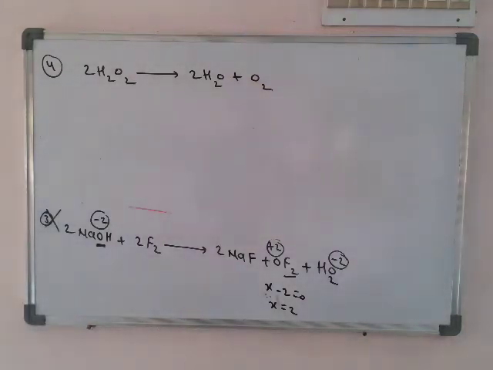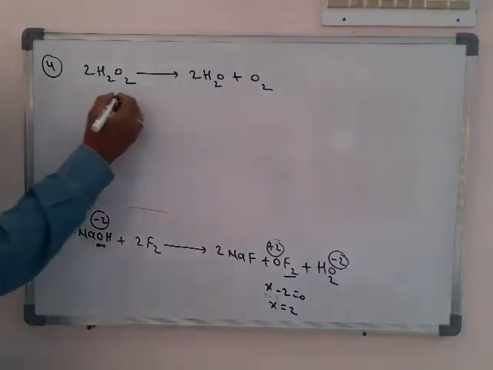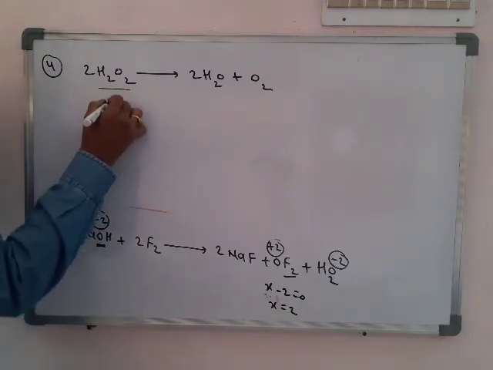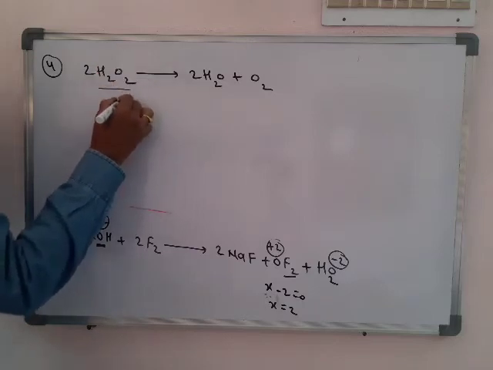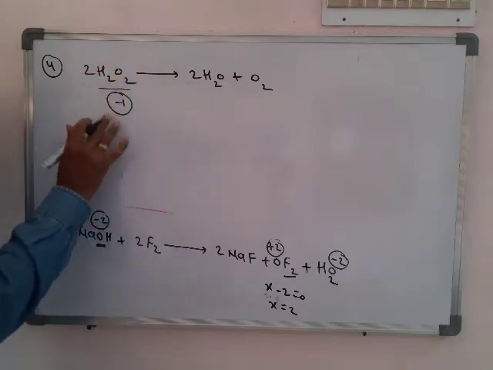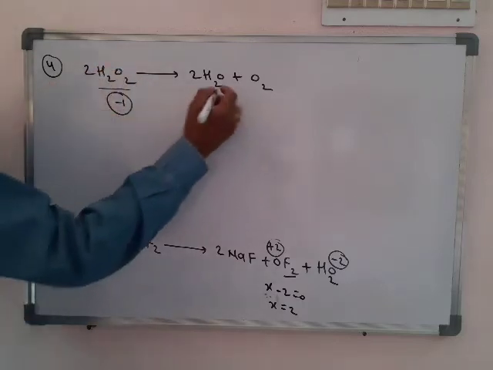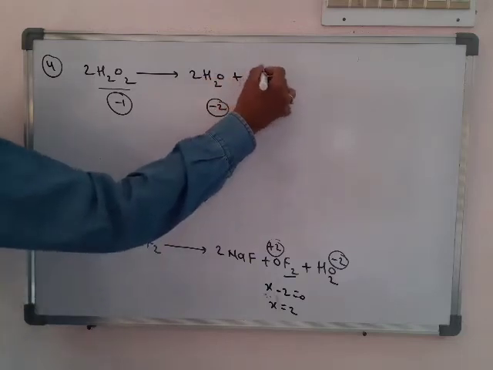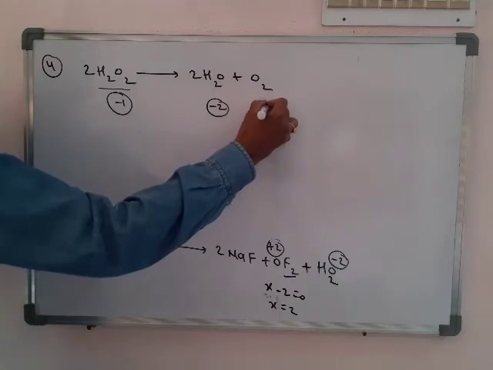See the hydrogen peroxide decomposition reaction. Here this is hydrogen peroxide. Oxygen oxidation number is minus 1. Each oxygen has minus 1 oxidation number. In normal H2O, oxygen has minus 2. And here this is free oxygen, oxygen oxidation number 0.